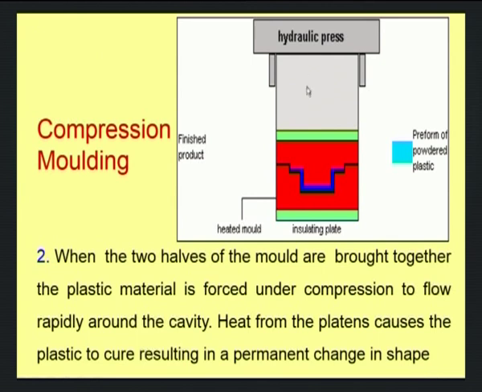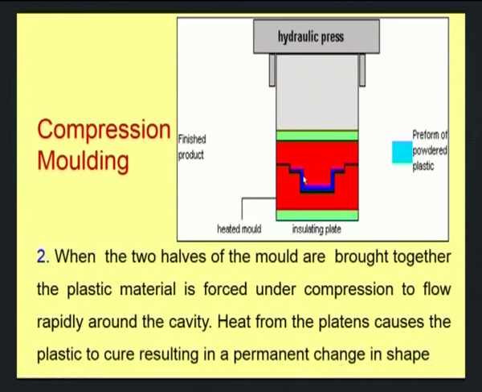In the second stage, the top plate will move down. As a result, the molds will get closed, which will result in a cavity in between these two. So, now the plastic material is forced under compression to flow rapidly around the cavity. Now, heat from the platens, that is this green shaded region, will cause the plastic to cure, resulting in a permanent change in the shape.